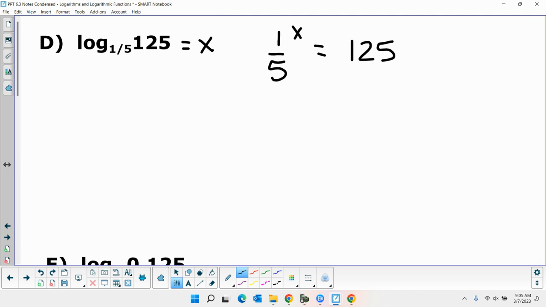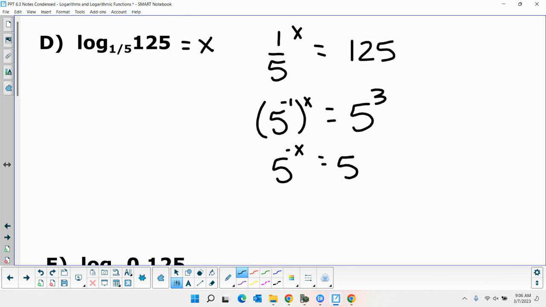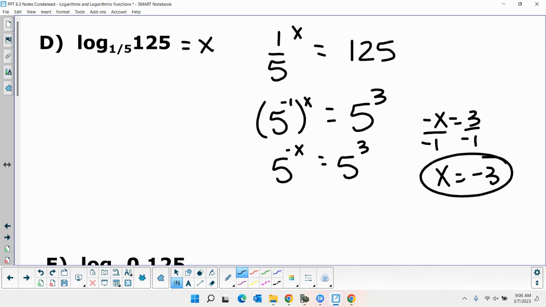What number? 5, thank you. So this is 5 to the negative 1 to the x power, and this is 5 to the third. What's negative 1 times x? Negative x. So I got the same base now, so I would just set my exponents equal. So my answer is negative 3, because it was negative x equals 3. All the ones before so far were positive x's to start out.